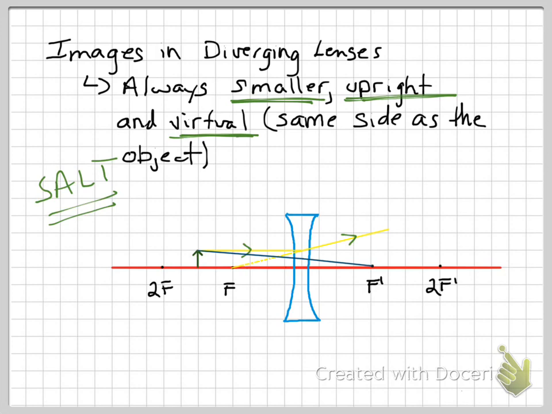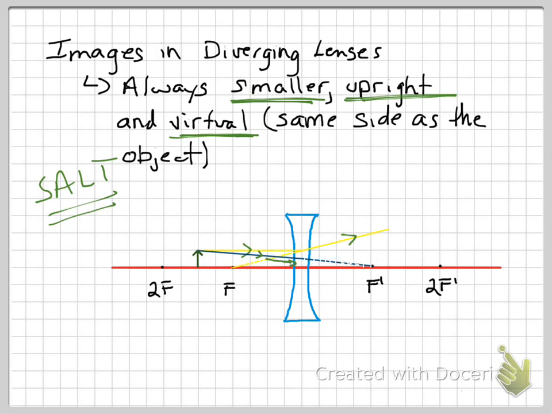But on this side, we are going to draw it as virtual, because this incident ray that we just drew comes in, it's going to go into the lens, it's going to refract, but it refracts in such a way that you're going to get a line that is parallel to the secondary axis.